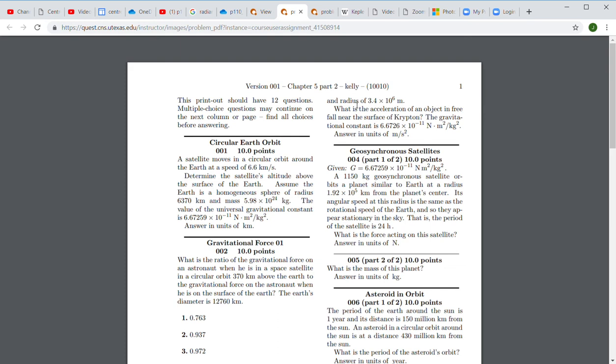The only force on it is its weight, mg, so we can write it as m times little g, and that's equal to capital G times m times the mass of Krypton divided by the radius of Krypton squared. And in that case, you can solve for little g after canceling out the mass of the object and get an answer in meters per second squared.